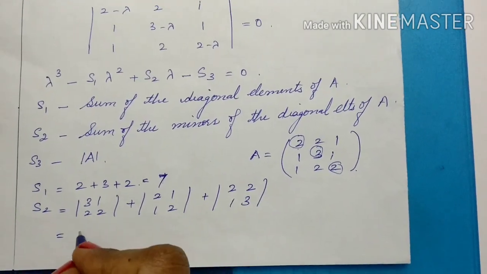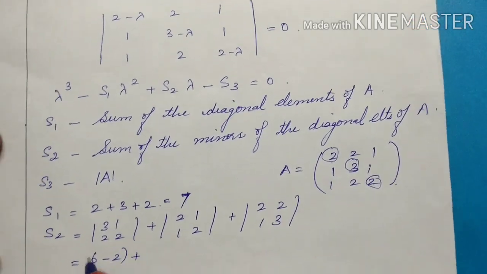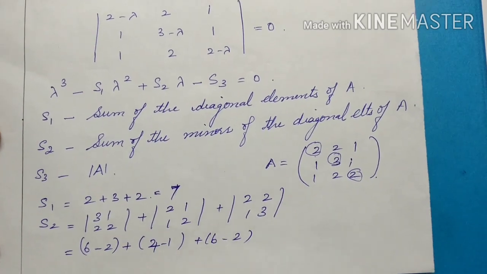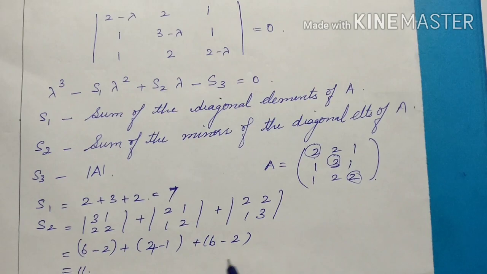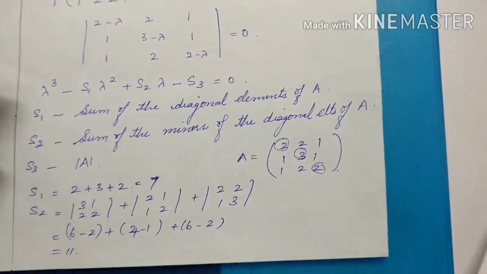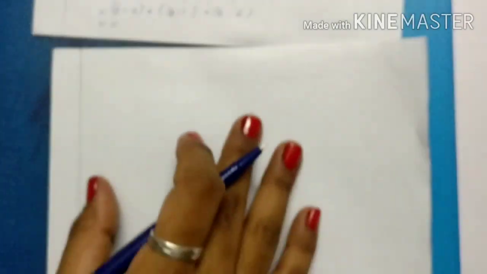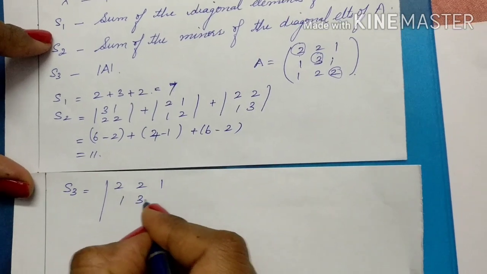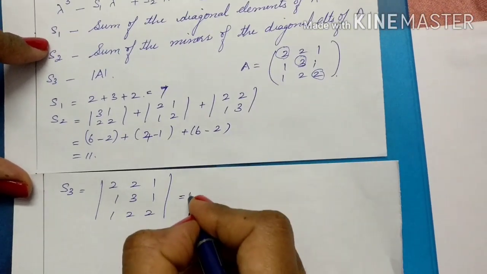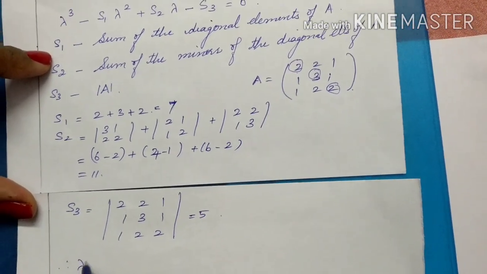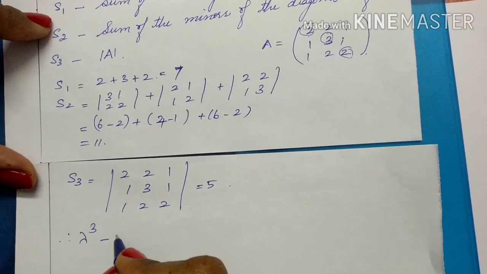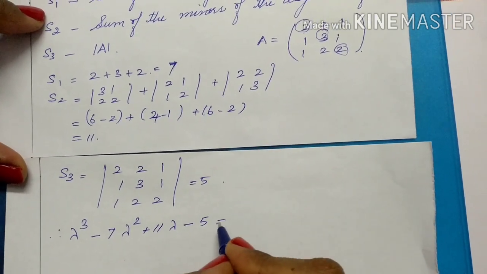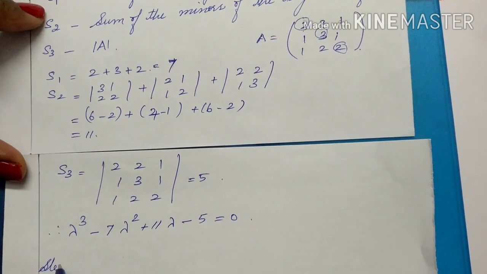Solving, that is 6 minus 2 plus 4 minus 1 plus 6 minus 2, so it's going to be 11. My S3 is the determinant of 2 2 1, 1 3 1, 1 2 2. Expanding, I'll be getting 5. Therefore my characteristic equation is lambda cube minus 7 lambda square plus 11 lambda minus 5 is equal to 0.